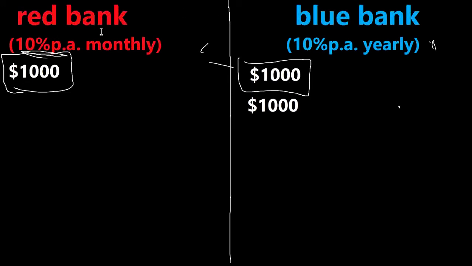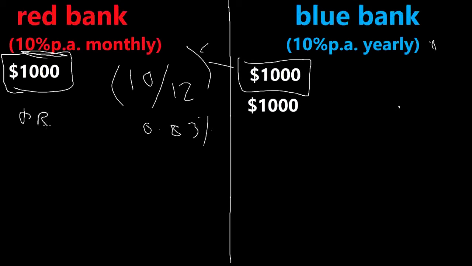But this bank, as we found out before, is paying us 10 over 12%, which is going to be 0.83% every month. So if we use our simple interest formula of PRN, we get 1,000 for our principal, 0.83 for our rate, and 1 for our N because it's only 1 month.